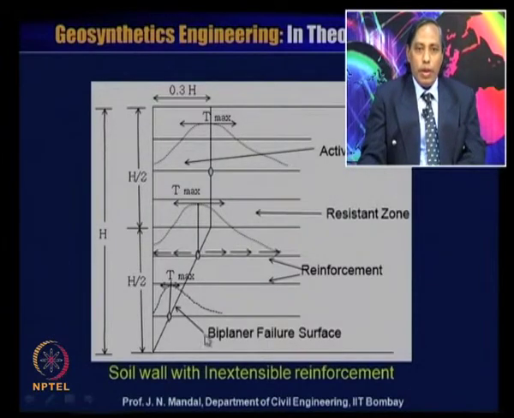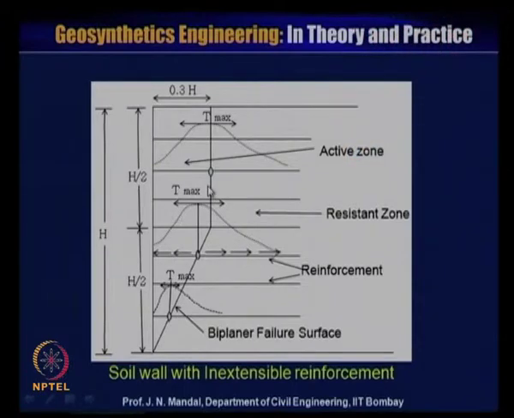So, I already explained that when the soil wall has inextensible reinforcement, this is a biplanar failure surface, but what will happen in case of extensible reinforcement? We will follow up next on what will be the failure pattern for extensible soil reinforcement. Also, we will check if there is a surcharge load, or if there is a slope on the top of the wall.